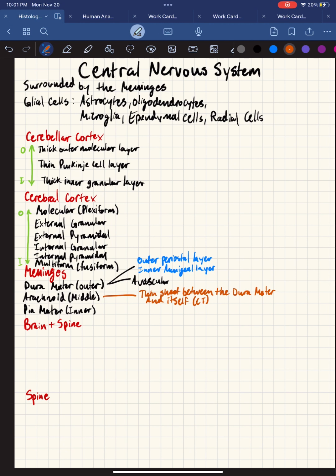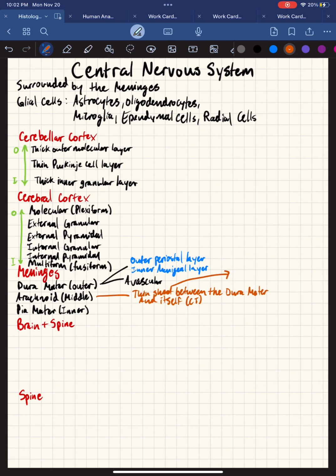And this thin sheet is actually called the trabeculae. Now, the trabeculae forms the subarachnoid space.